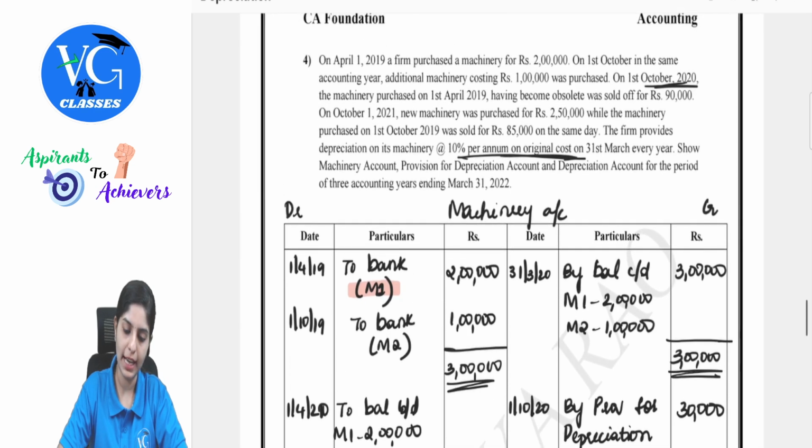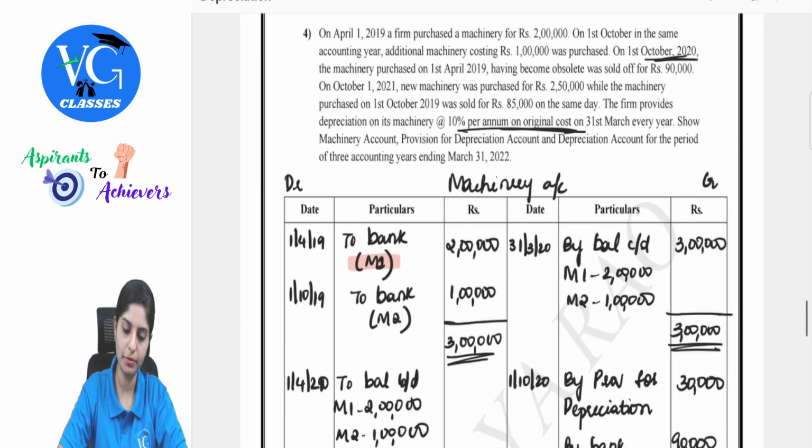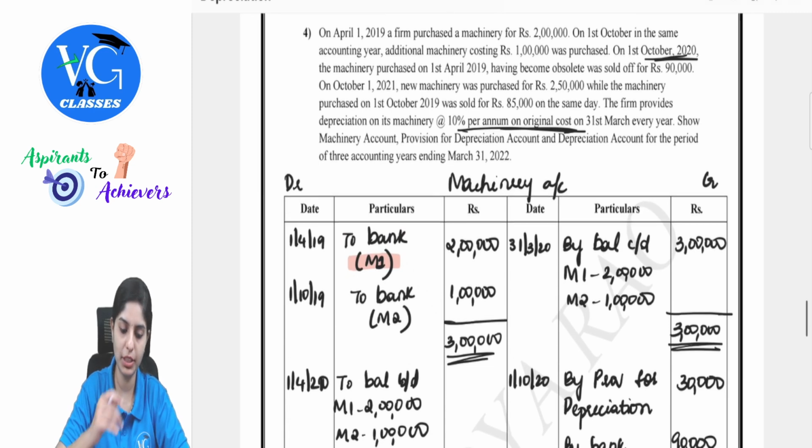So machine 2 will carry forward as it is. On 1st October 21, new machinery was purchased.